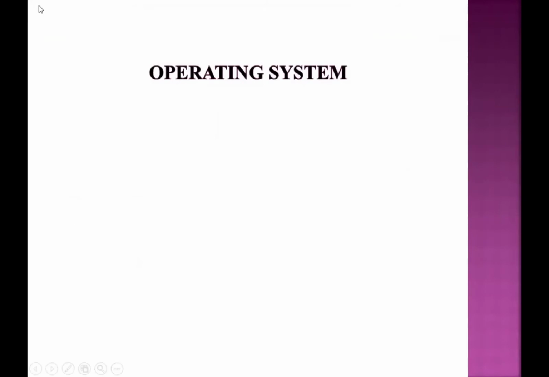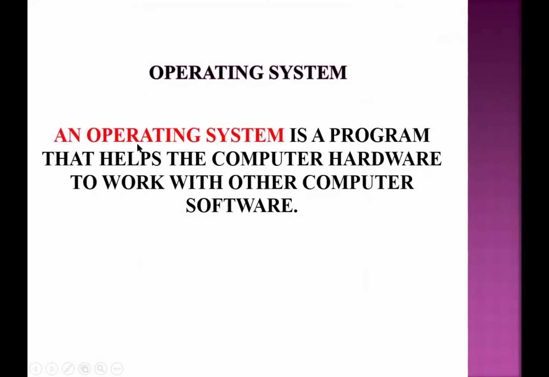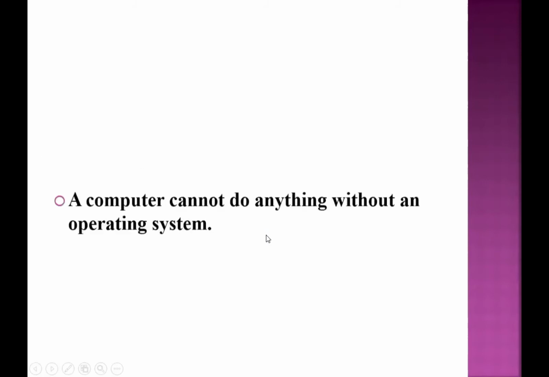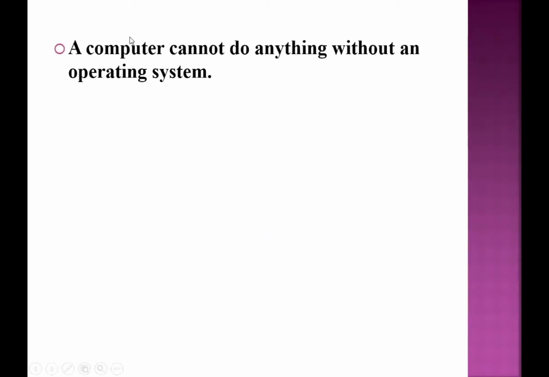An operating system is a program that helps computer hardware work with other computer software. It is software that helps a user work with a computer. A computer cannot do anything without an operating system.